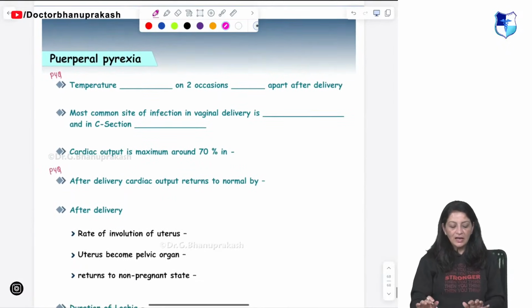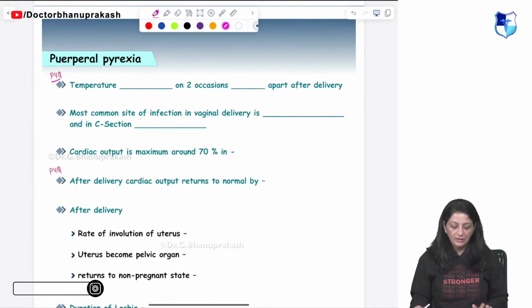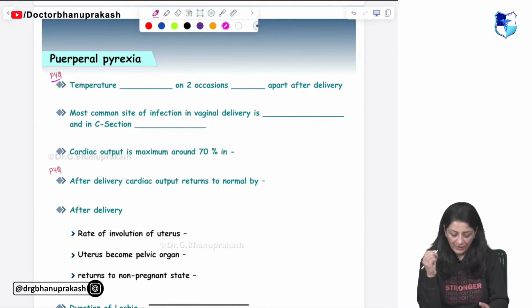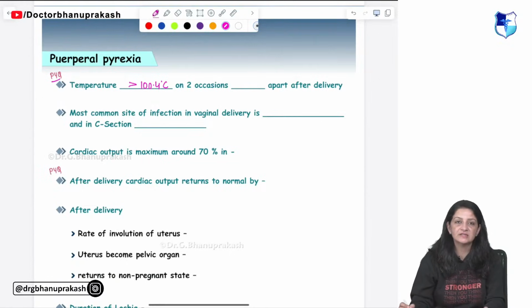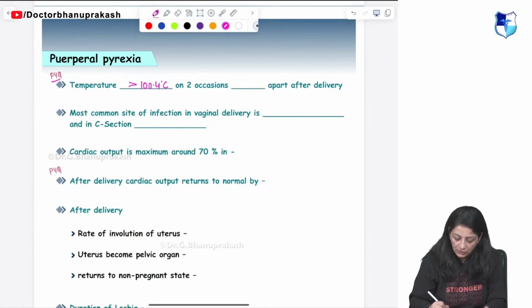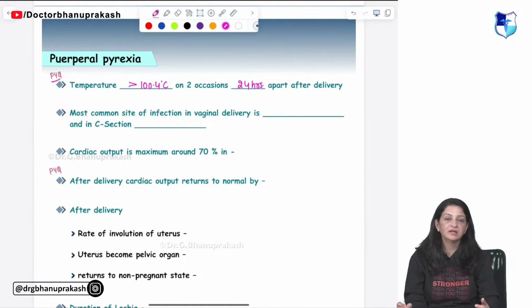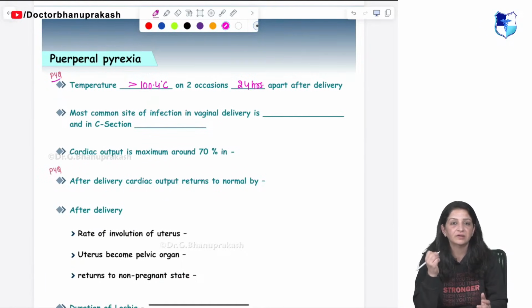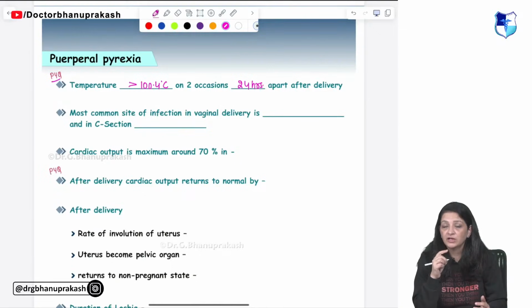So this is the last topic, puerperal pyrexia, PYQ. Puerperal pyrexia means temperature more than 100.4 degrees on 2 occasions 24 hours apart. Puerperal means after delivery, the time period after delivery, approximately 42 days.